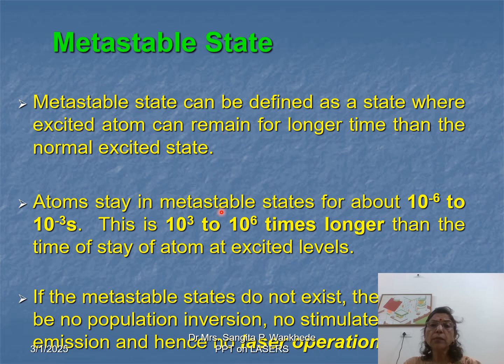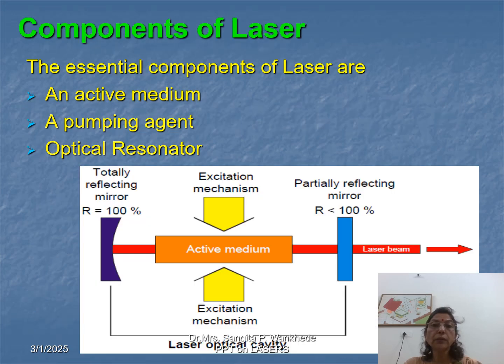Atoms stay in the metastable state for a longer time, of the order of 10^-6 to 10^-3 seconds. So for light amplification, a metastable state is required to achieve population inversion.